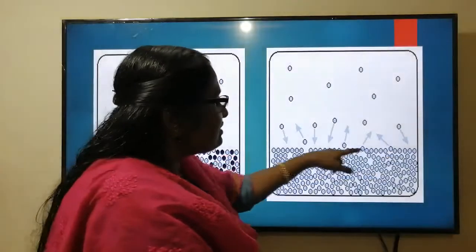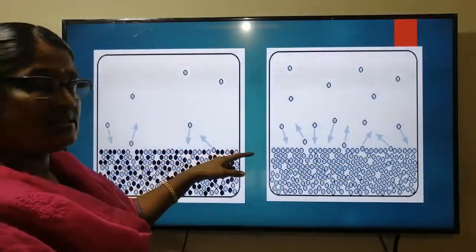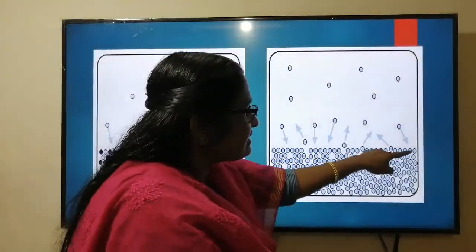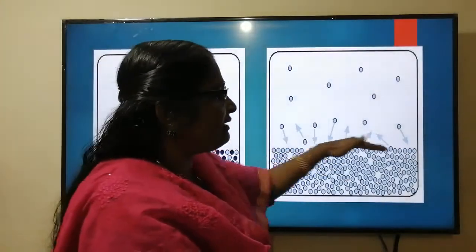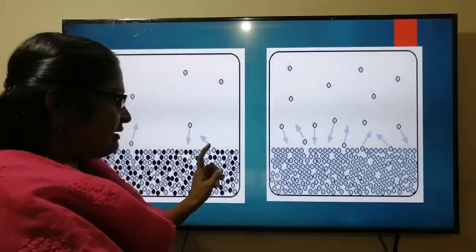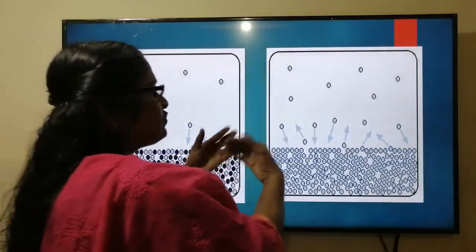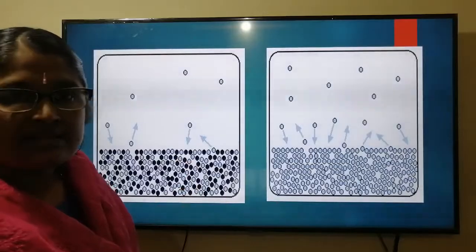So compared to pure solvent, once the solute is added, some of the surface is occupied by solute particles. Here, 100% H2O molecules occupy this region. But once we add an impurity, a solute, some of the places which were occupied by water are now occupied by solute particles or NaCl.